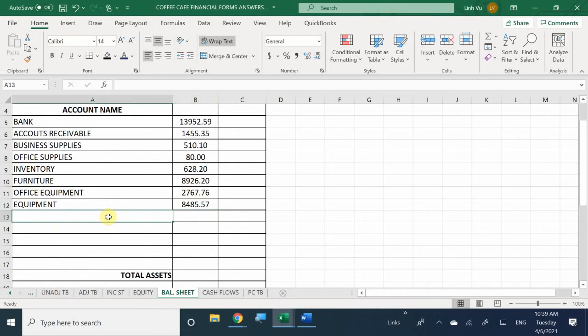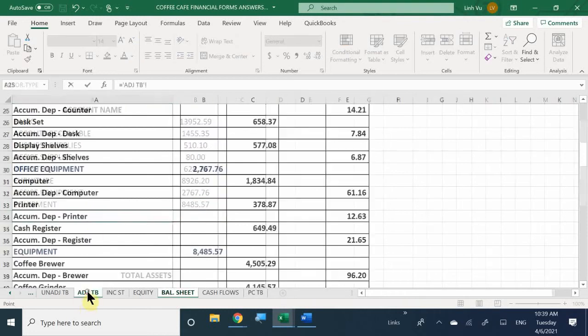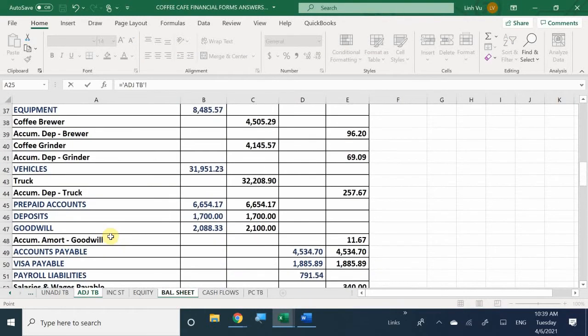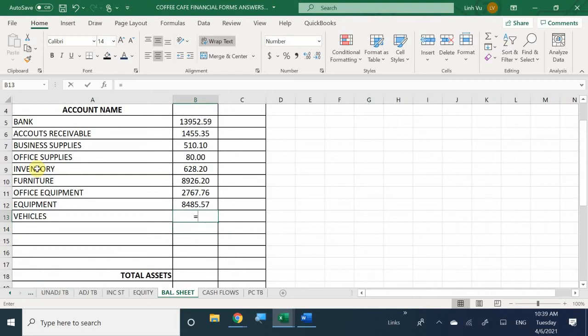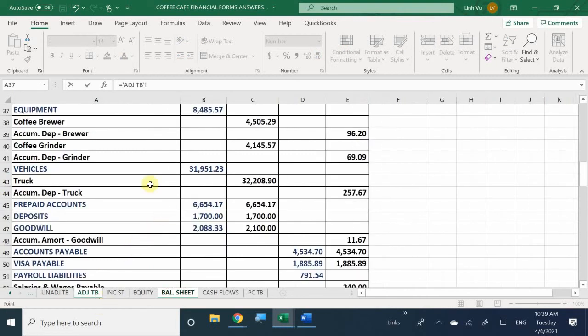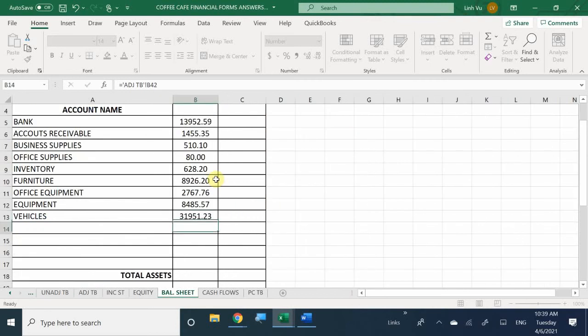What's my next asset? Vehicles, for the amount of 31,951.